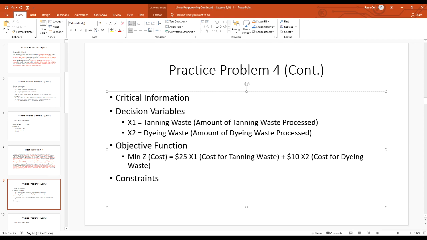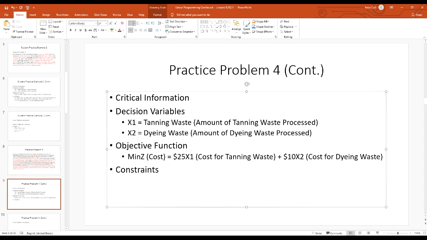And again, we'll eliminate this just for simplicity to keep it all on the same line. Okay, so we've now got our decision variables and our objective function.